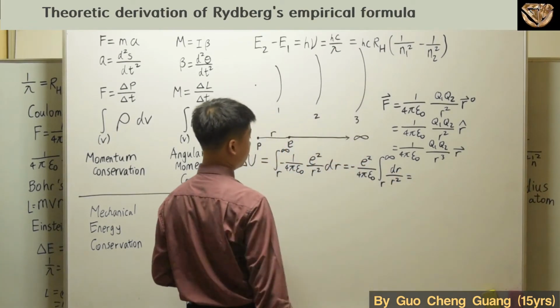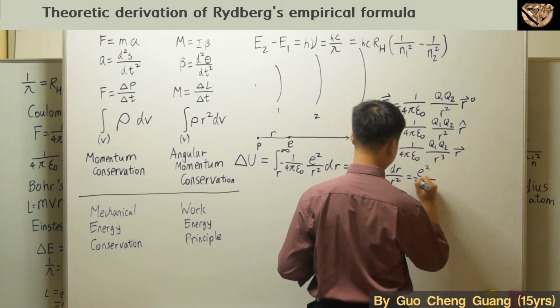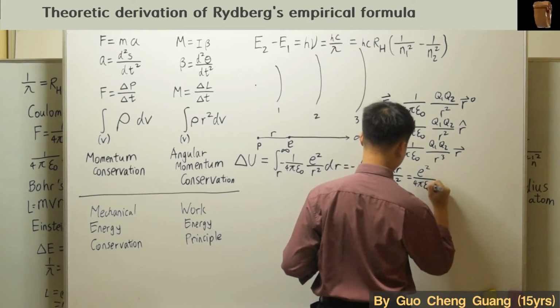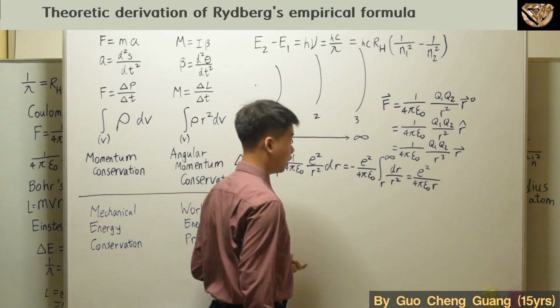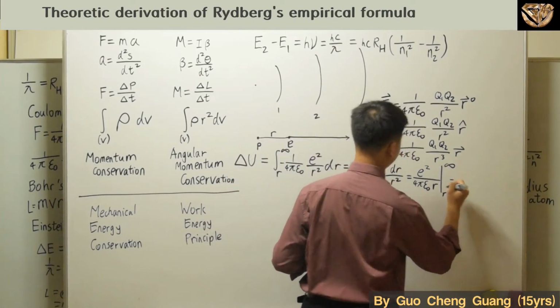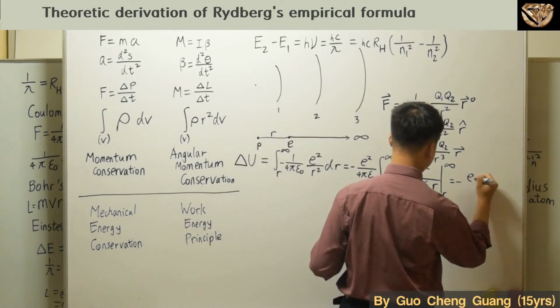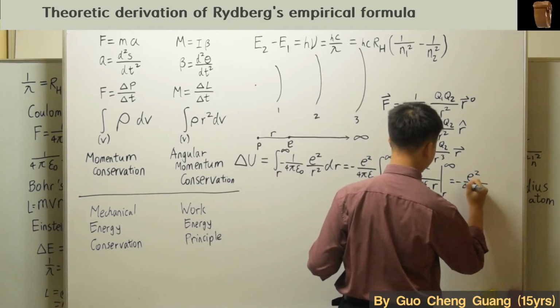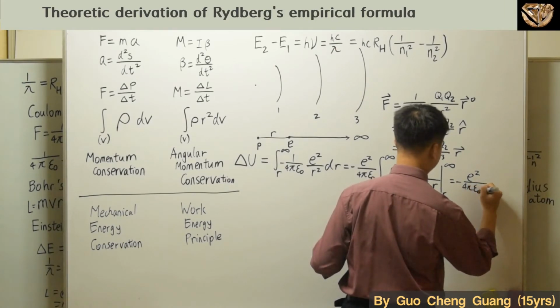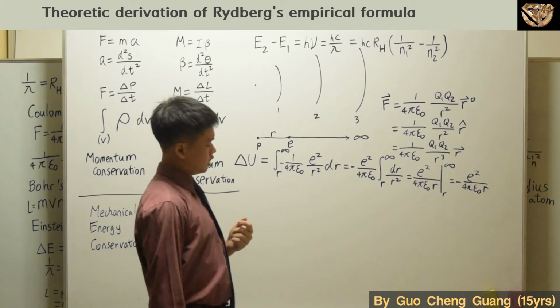Alright, so this is just r to the power negative 2, which you would see just over r now. But you have to substitute r and infinity. Now if you have something over infinity, that will be a 0. That means you have negative e squared over 4 pi epsilon naught r. So this is what you see.